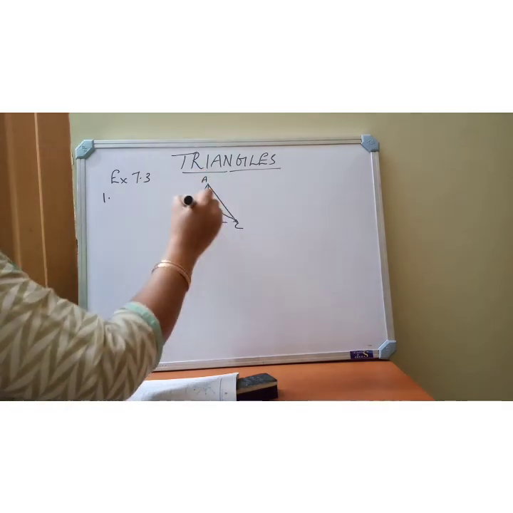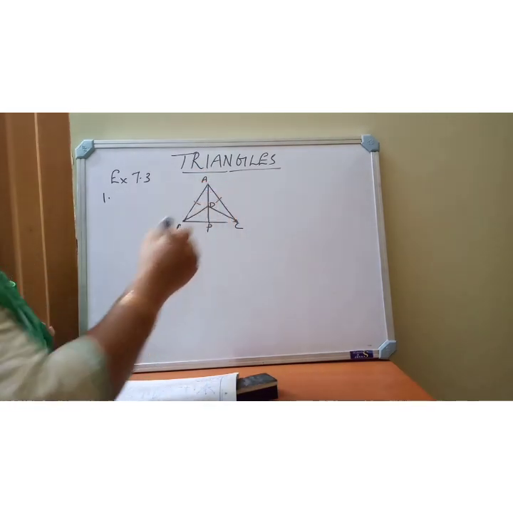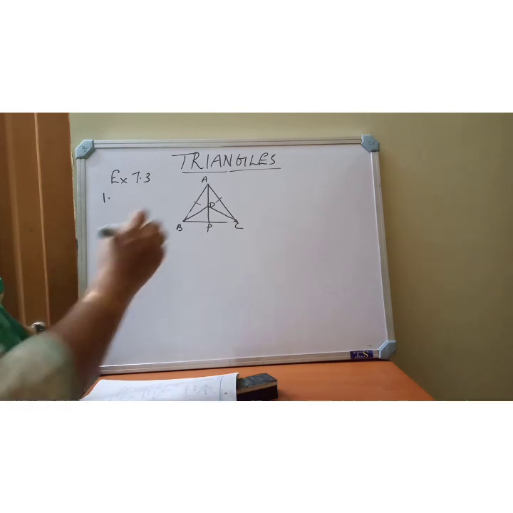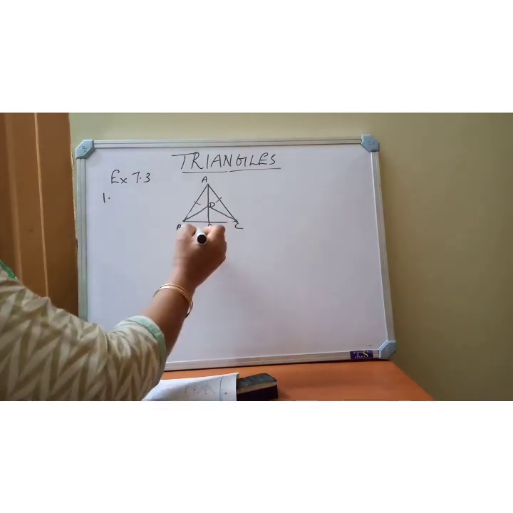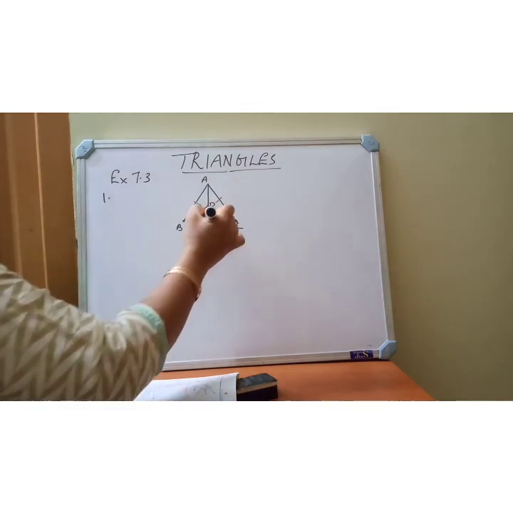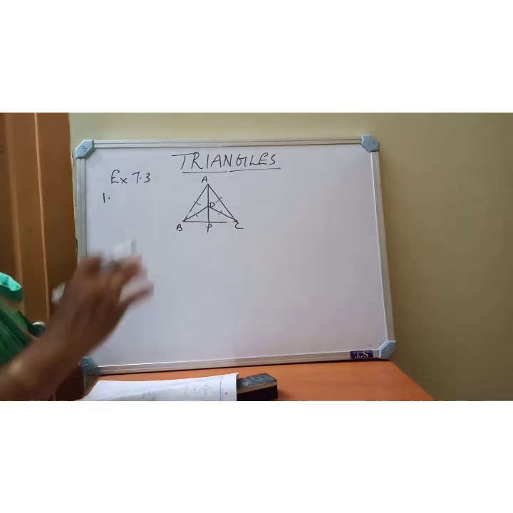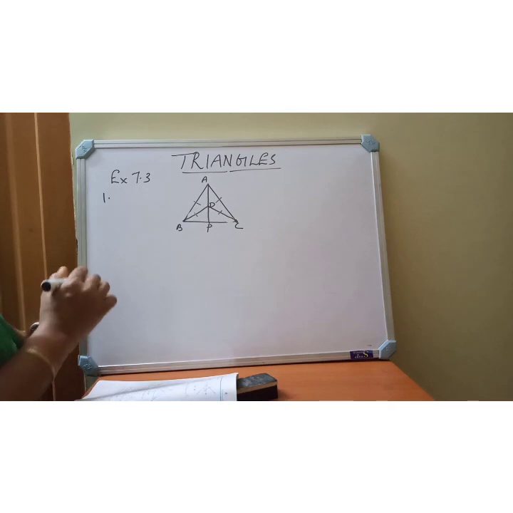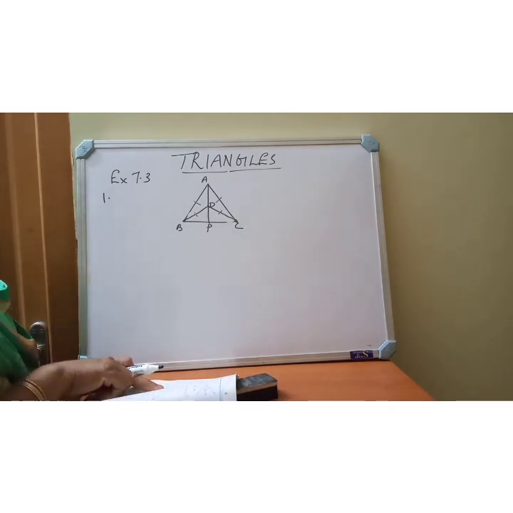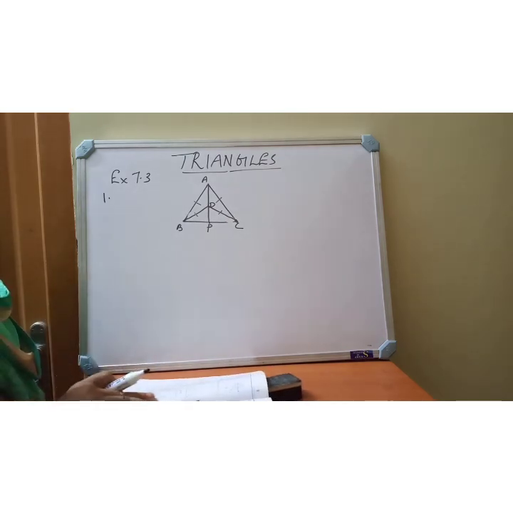ABC is isosceles, so side AB is equal to side AC. Triangle BDC is isosceles, so BD is equal to CD. These are the given data. Using the given data, first we must prove that triangle ABD is congruent to triangle ACD.